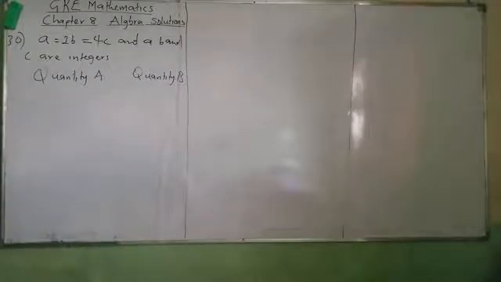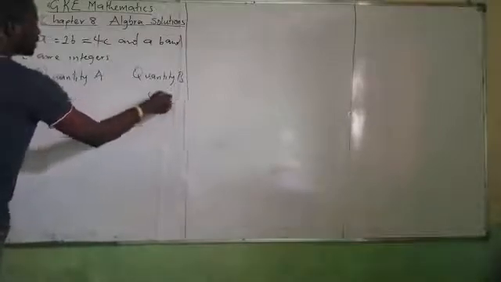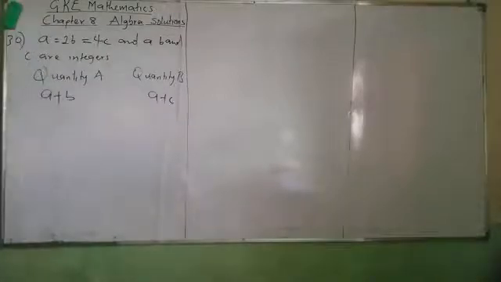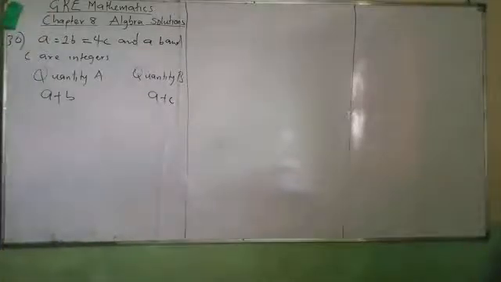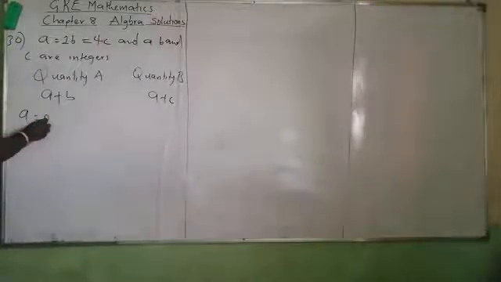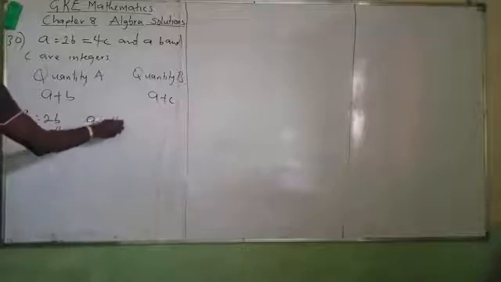How will I go? We're told that quantity A is A plus B, and quantity B is A plus C. You want to know which one is greater and which one is less. The first thing to do is, I can have A equals 2B, and 2B equals 4C, and A equals 4C also.